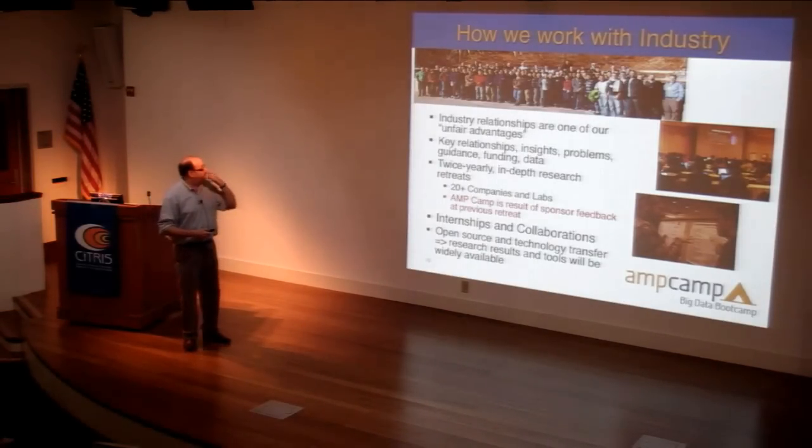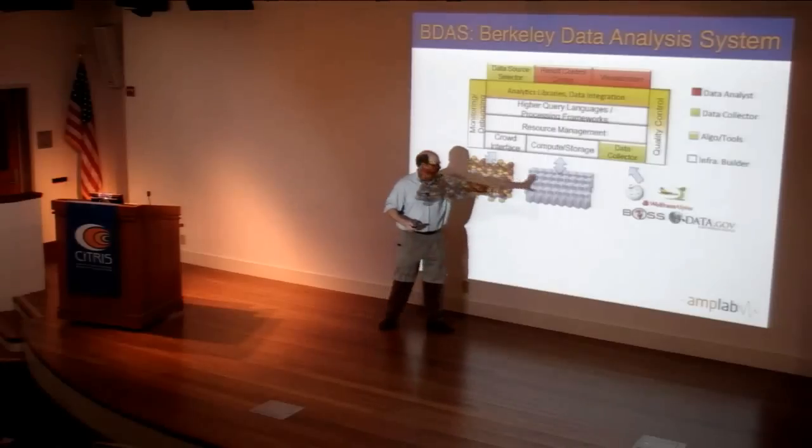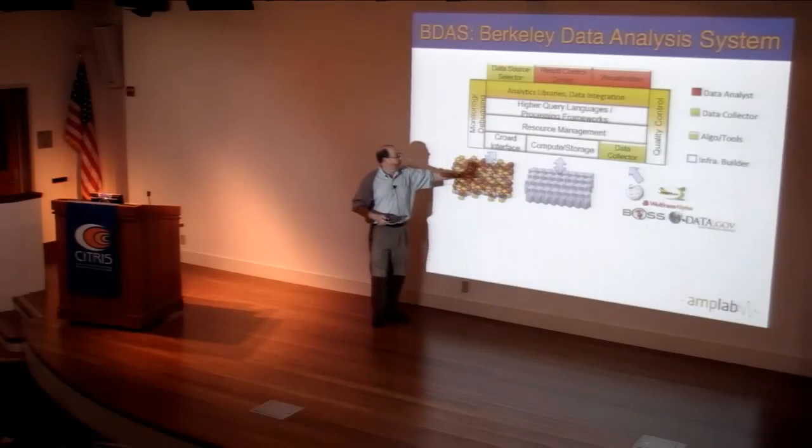All right, so let me just tell you briefly, you're going to hear more about this from Jan. The thing that we're building, right, we're producing a lot of research, but ultimately what we want to produce is a system that we're calling the Berkeley Data Analysis System, BDAS, or we pronounce it BADAS. And you'll hear more about it. The things I just want to point out is, our resources are data, machines, and people, okay?